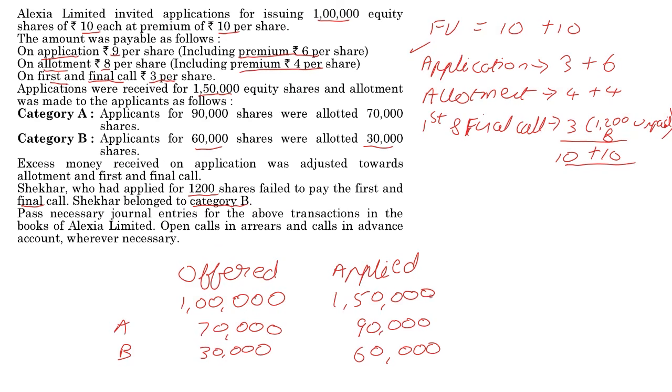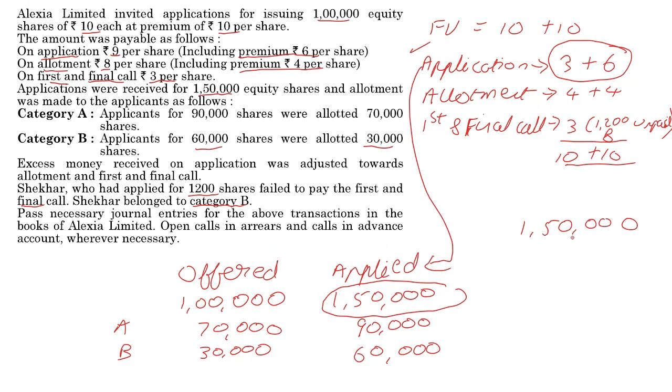How much was applied for? 1,50,000. How much is the application? 3 plus 6, which is 9. Again, we have to multiply the application amount by the number of shares applied for, which is 1,50,000 into 9. If you know your table for 15, nine 15s are 135, so it's basically 13,50,000.